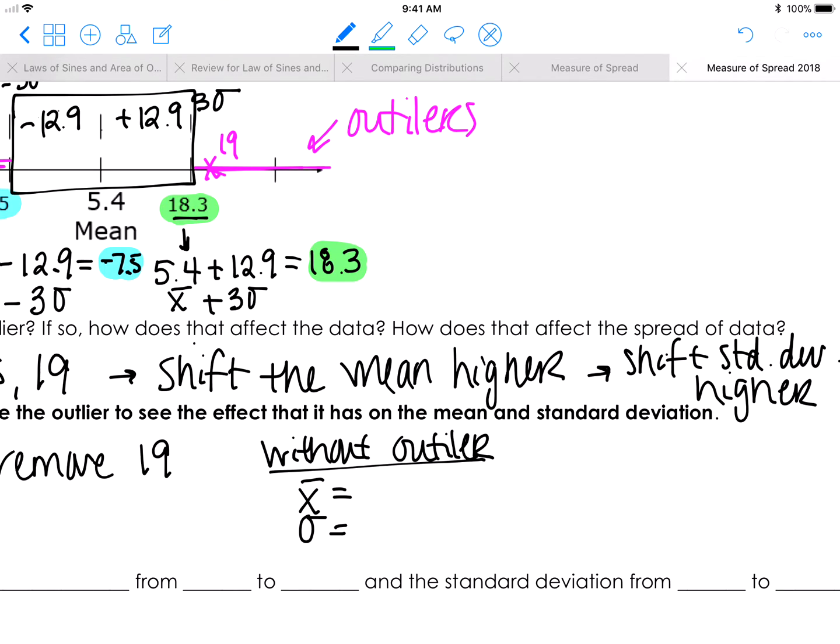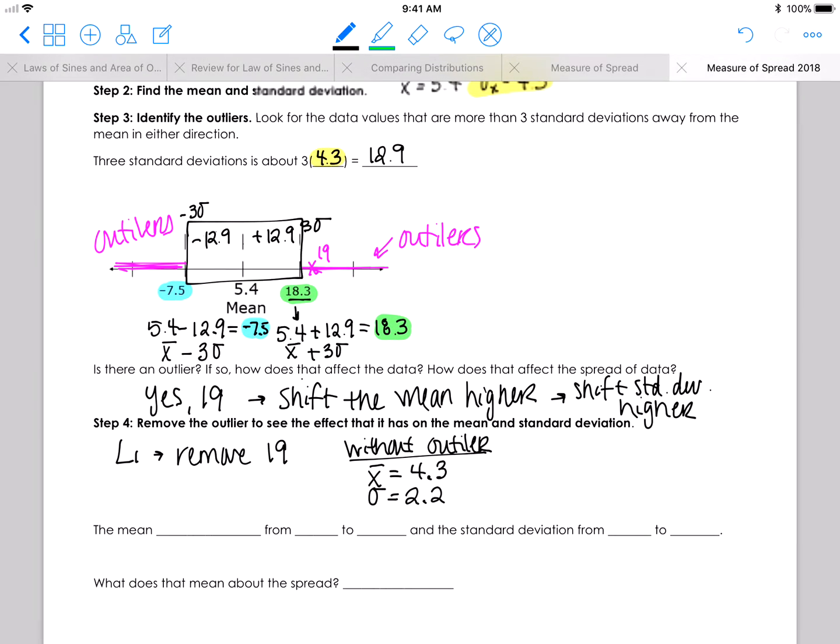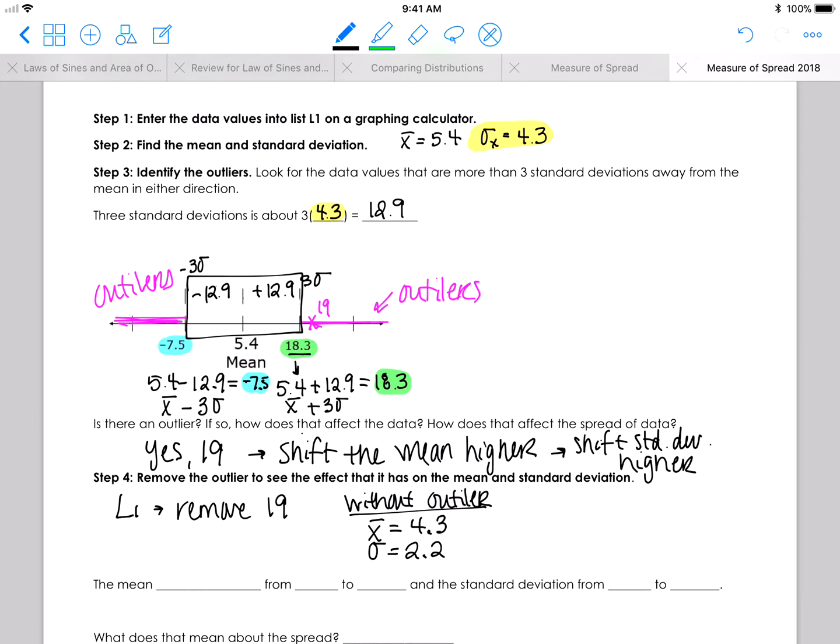Okay, so when I did this before and I ran a 1-Var Stats after I threw the outlier out, I got my mean is 4.3 and my standard deviation is 2.2. So let's see what it actually did here. Well, without the outlier, it definitely did decrease our mean, right? So the outlier did what we thought it was going to do. It increased it.